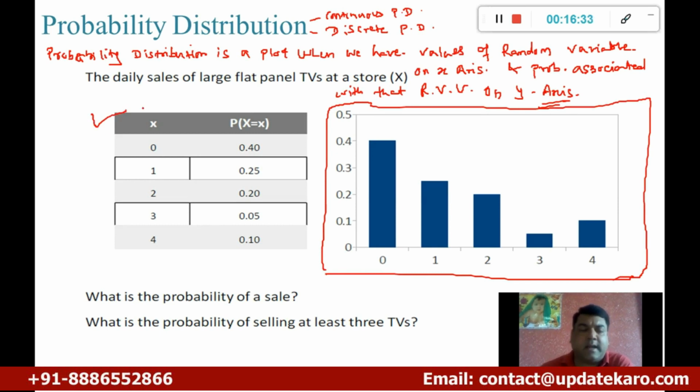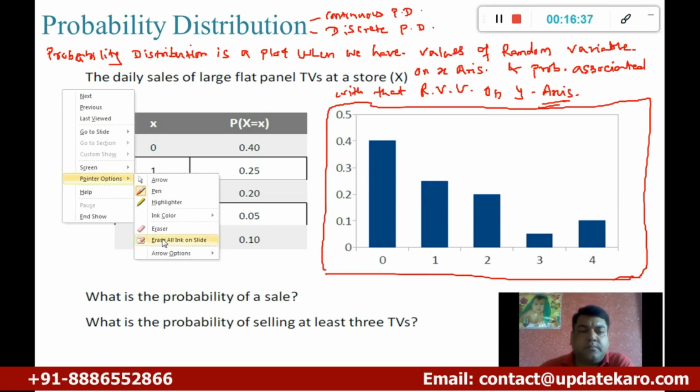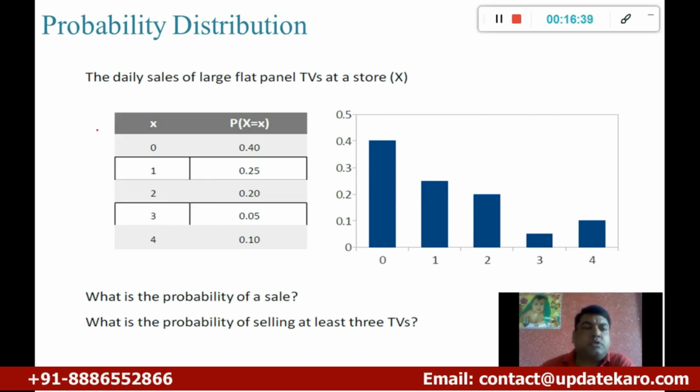We will understand what the data is and how the distribution has been plotted, right? So the data given to us is the daily sales of large flat panel televisions at store X, capital X, or it can be ABC, it can be PQR, right? Any store name will be there.